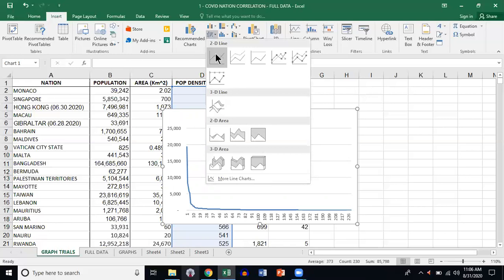On the x-axis is the actual ranking from number 1 down, to the right, the ranking. So the number 1, the highest population density, to the lowest population density, down to 230, all right?